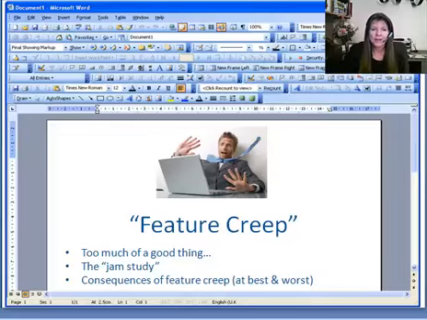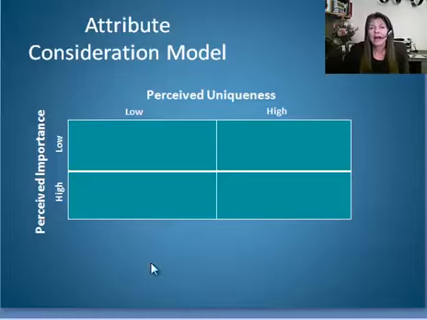Now, when we talk about attribute consideration in this third step of the model here, we have got to include this model. So let's take a look at this. Because it's interesting, I'm not going to test you on this really. I didn't even list it on your study guide, but it's still interesting and it makes a lot of sense.